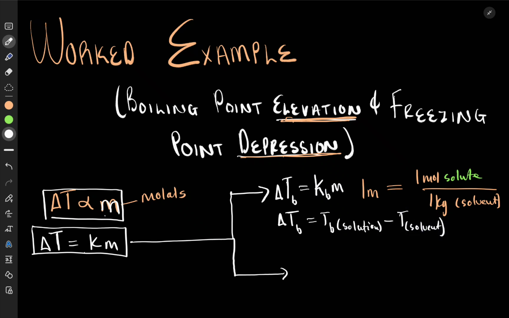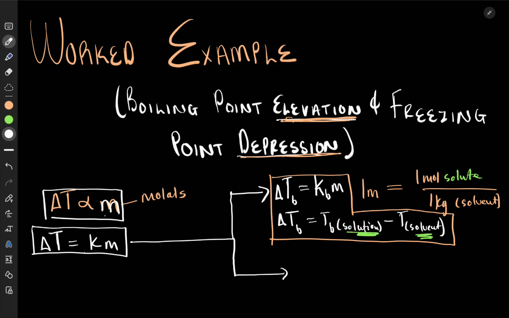This leads to the boiling point elevation. We will use these two formulas, and this second one we will use mostly: the boiling point of the solution with the solid minus that of the solvent alone, you will get the boiling point elevation.